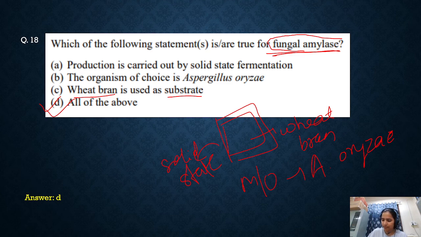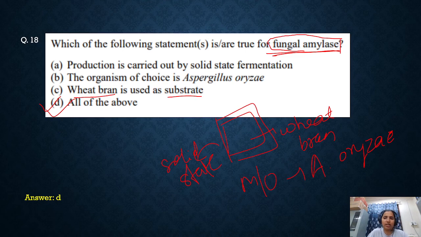Ma'am, I have a doubt. We are using Aspergillus oryzae for the production of amylase, right? Aspergillus niger is also used, ma'am, for amylase production? I'm not sure whether Aspergillus niger is also preferred for this.